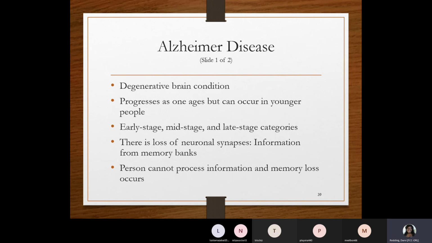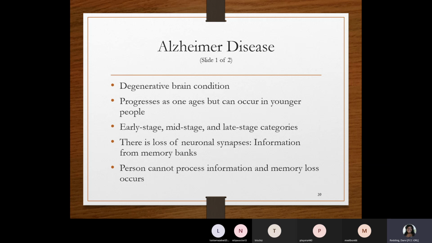And we understand that it's a degenerative brain condition, so this is going to result in the patient having some memory loss, severe confusion, impaired judgment, personality changes, disorientation, and there is even the possible effect of a person experiencing a loss of language skills. So a person can literally forget how to speak.